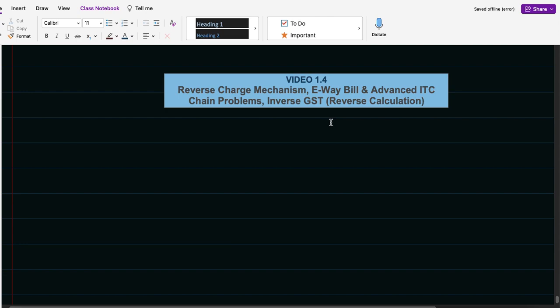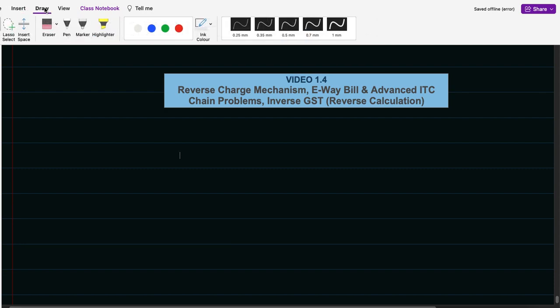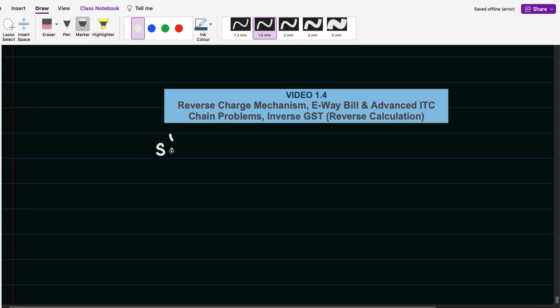Under normal GST, we have seen that the supplier charges GST and the customer has to pay it.